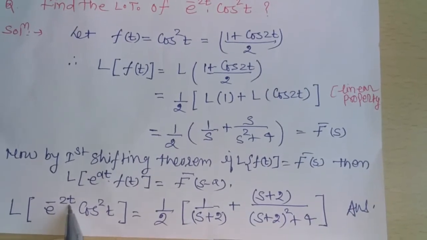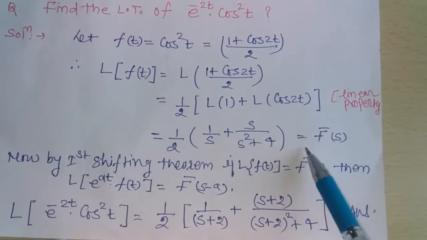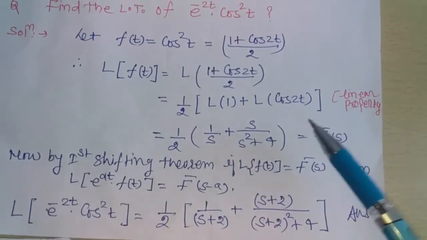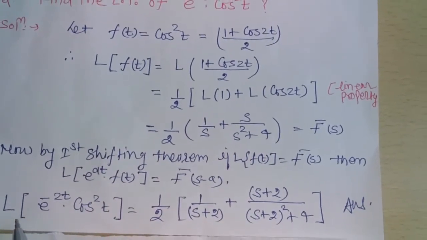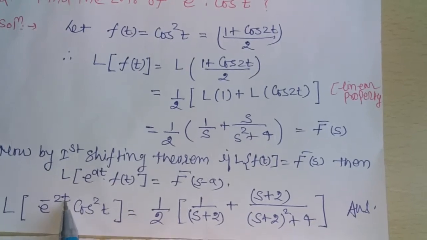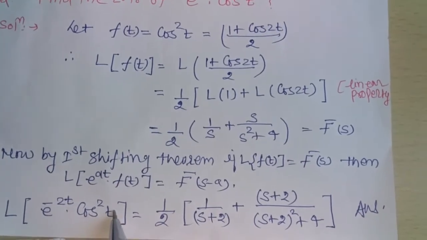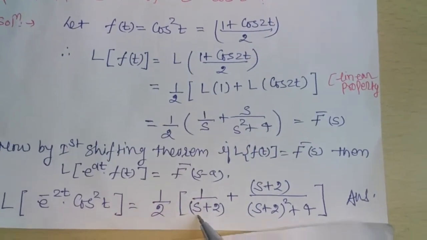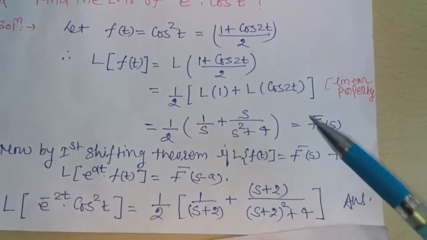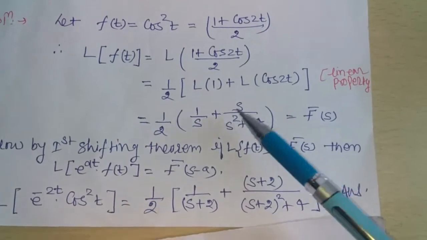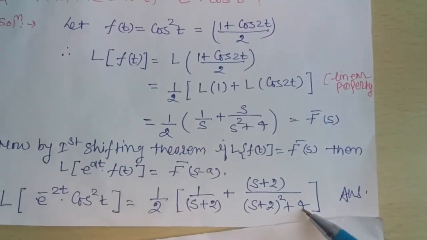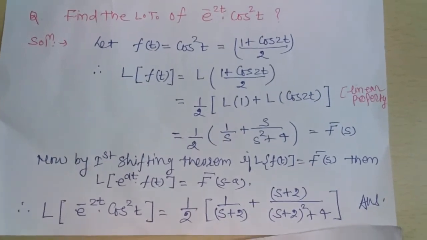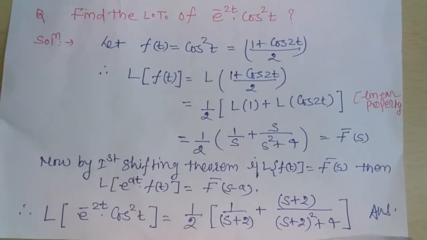Here a is 2, so in f bar s we replace s by s minus 2 and then we get the Laplace transform as 1 by 2 [1 upon s minus 2 plus (s minus 2) upon (s minus 2) whole square plus 4]. So this is the application of first shifting theorem.